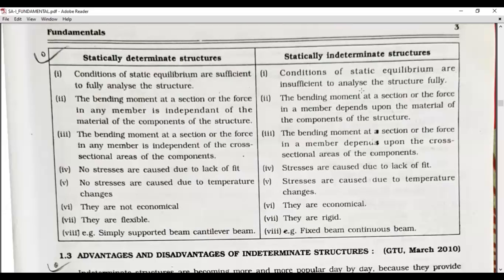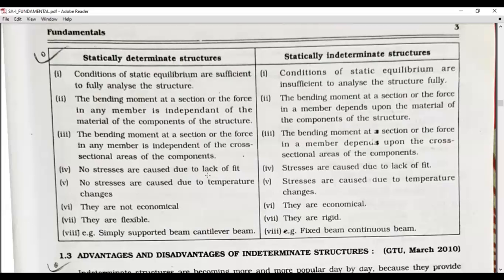In an indeterminate structure, the conditions of static equilibrium are insufficient. In a determinate structure, the bending moment at a section or the force in any member is independent of the material of the component of the structure. In an indeterminate structure, the bending moment at a section or the force in a member depends upon the material of the component of the structure.